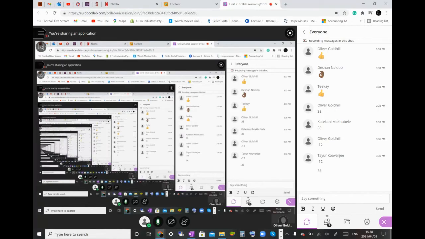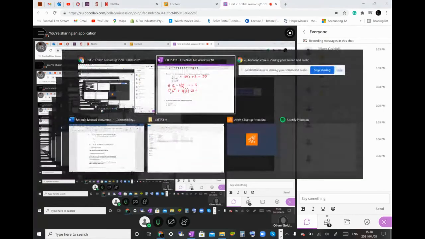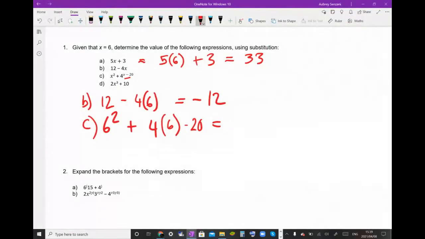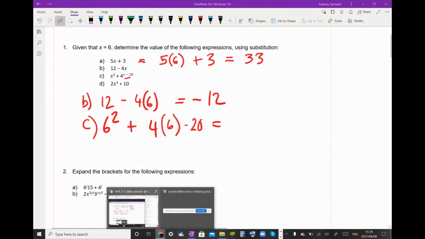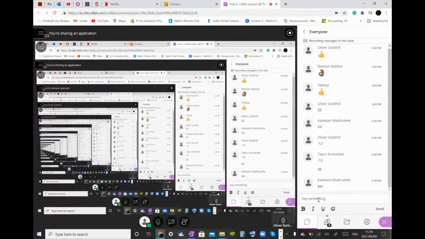Is it just supposed to be 36? Teo, is it just supposed to be 36? Kate, Kani, is it just supposed to be 36?